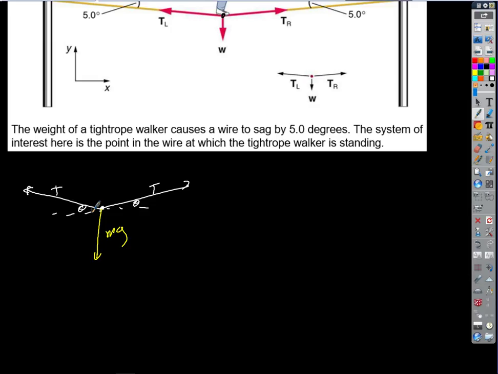So I've got to break these tension vectors up into x components, so that's T sub x, and y components, both of them. Okay, make sense? Then I have to figure out what those are. In terms of our triangles here, and those are just right triangles, what is T sub x?